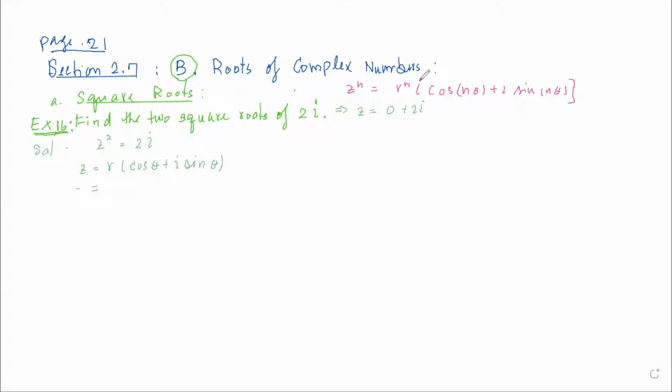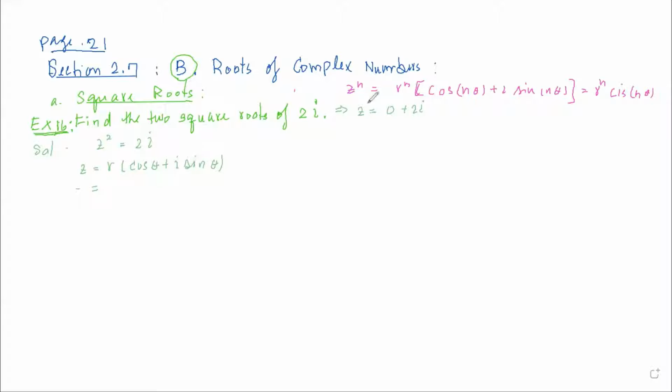This is the full writing of the formula of De Moivre, or in the short form, r to the n cis n theta.